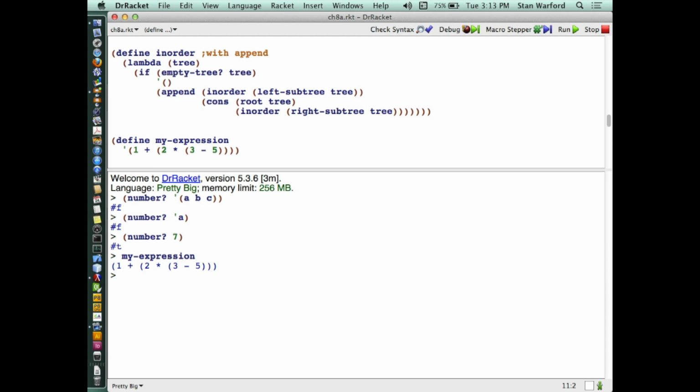All right. So that's my expression. Now, number is built in. Oh, you know what I should have done? On the slide, I should have had constant instead of number. So what do you suppose constant, quote, a is? False. But what is constant 7?